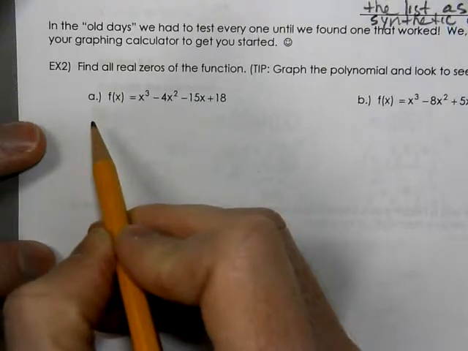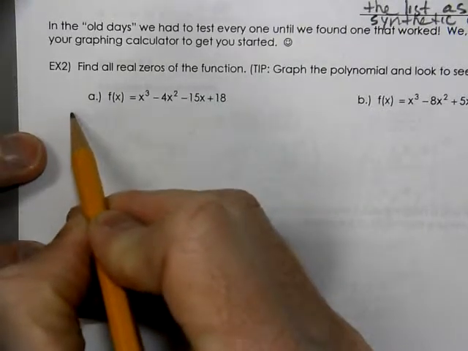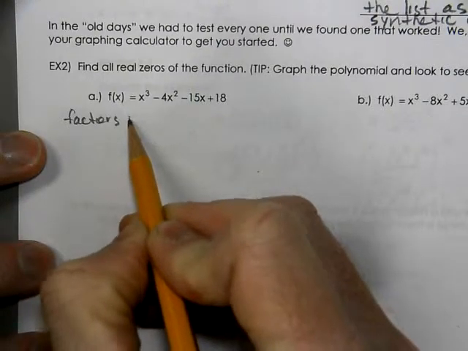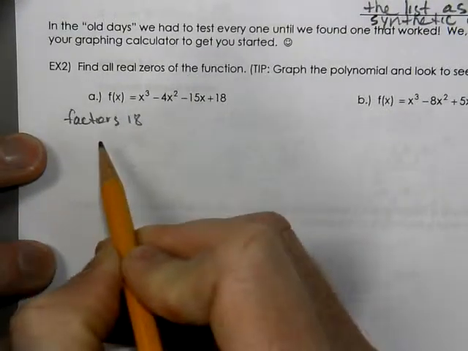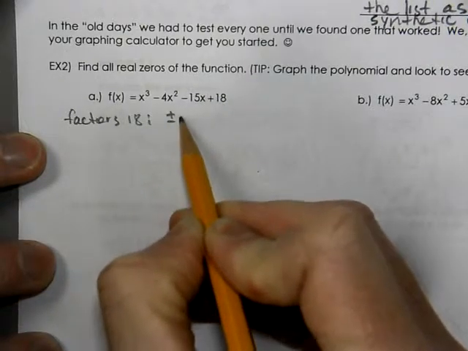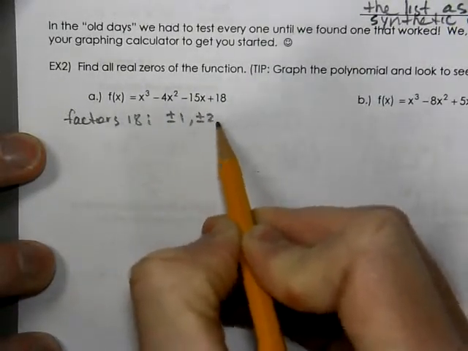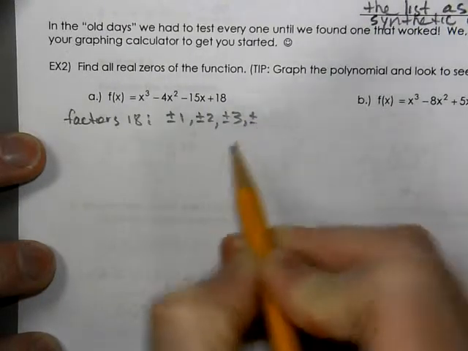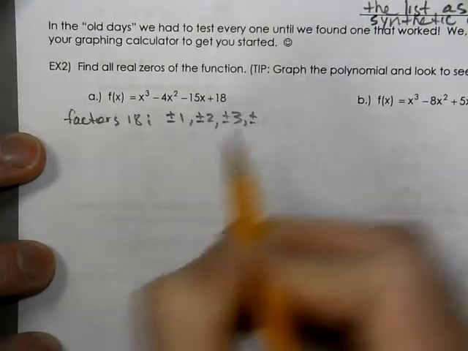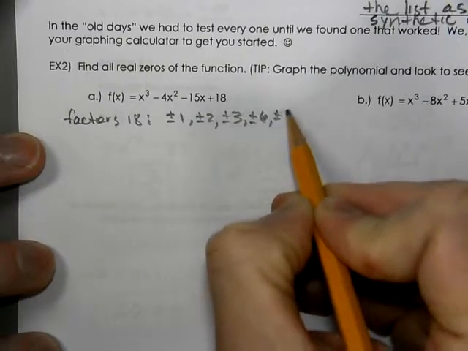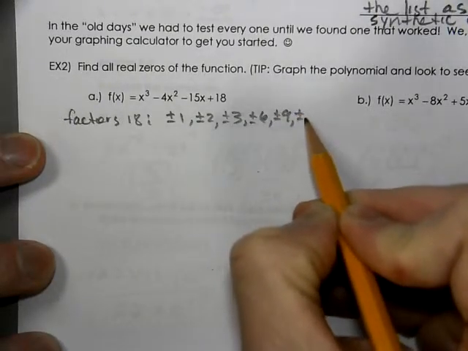So our factors. We're looking for factors of 18. We get plus or minus 1, plus or minus 2, plus or minus 3 goes into 18. 4 doesn't, 5 doesn't, 6 does, 9 does, and of course 18 does.